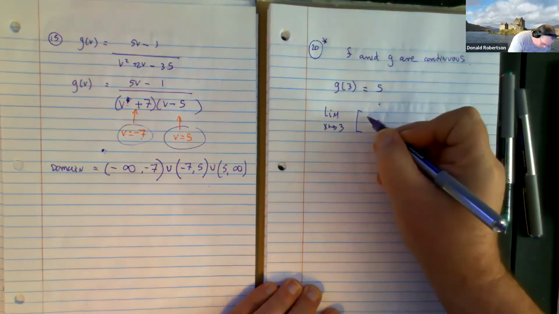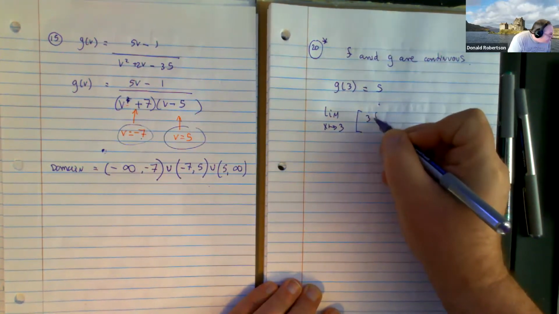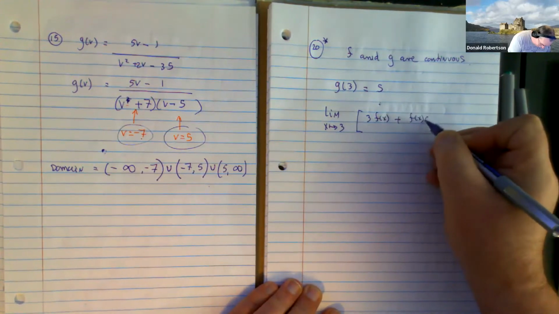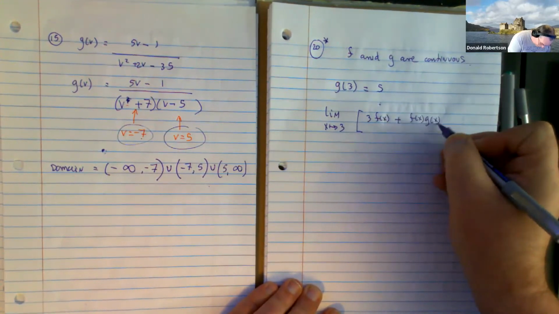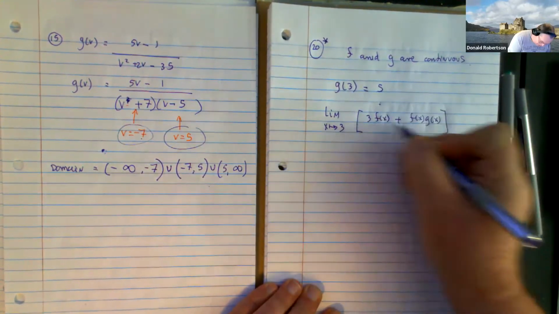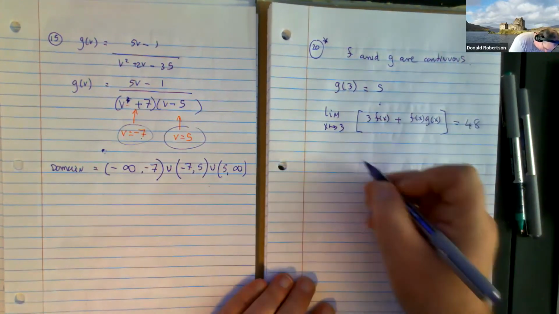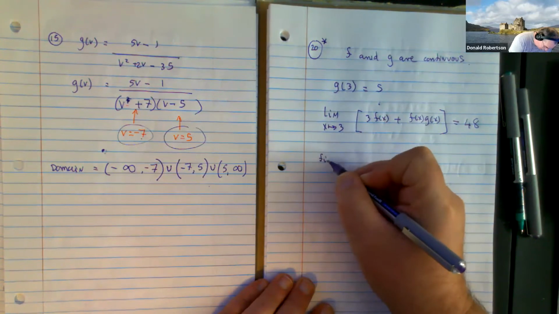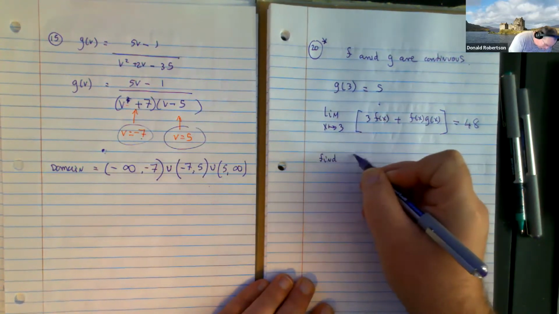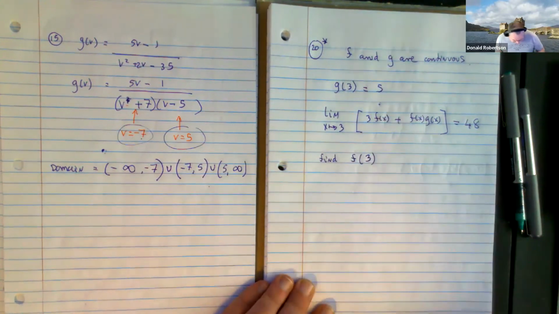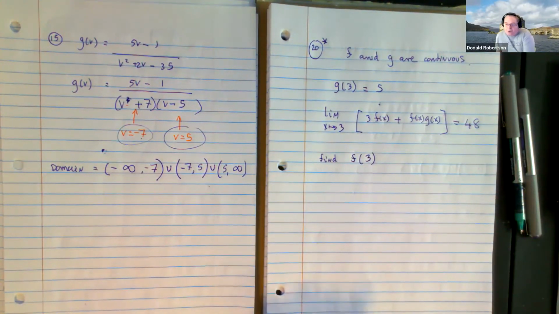And that the limit of 3 times f of x plus f of x times g of x, so that entire thing, has a limit of 48. And our job is to use that information to find the value of f at 3. That's a weird puzzle, but it's not as hard as you might think.